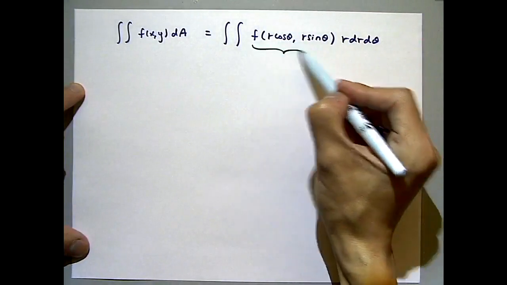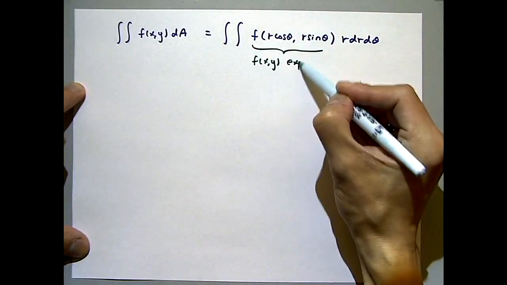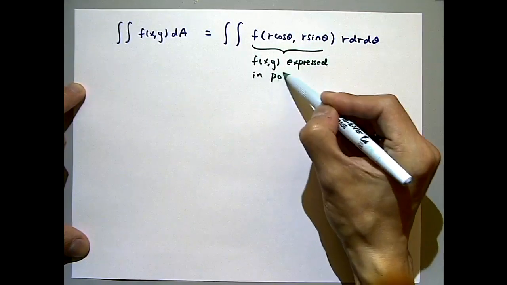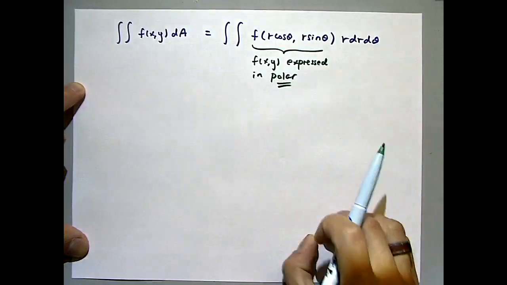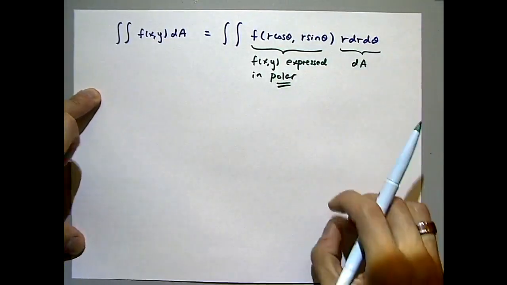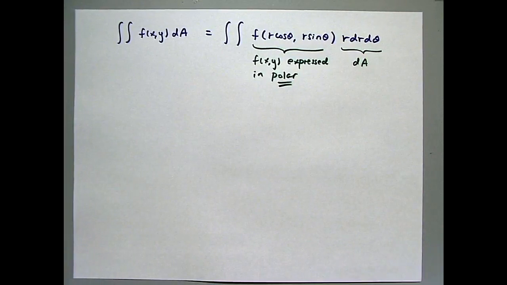And once again, this is just the function f of x, y expressed in polar. And this is our dA in polar. Okay, so that's what we need to do.